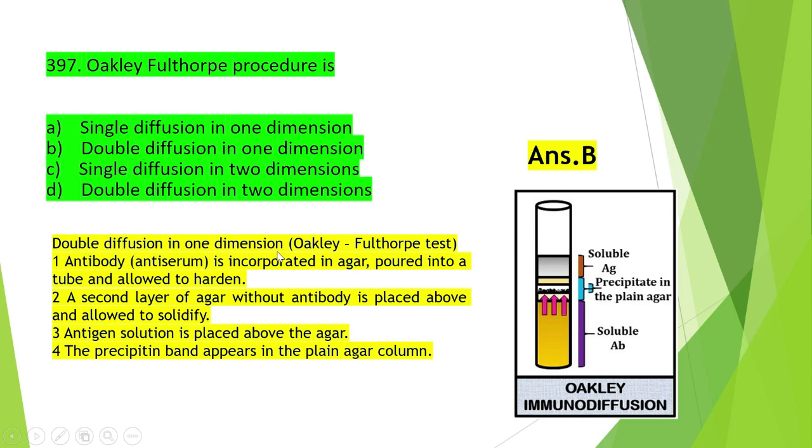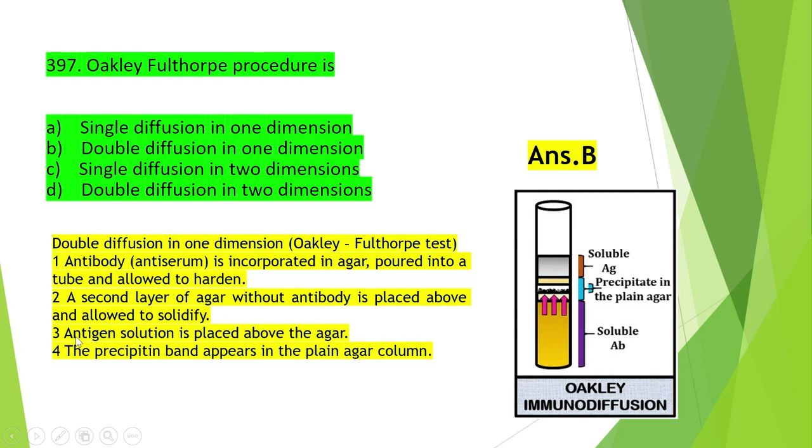So in double diffusion in one dimension, the Oakley-Fulthorpe test procedure is that antibody, that is antiserum, is incorporated in agar, poured into a tube, and allowed to harden. Next, a second layer of agar without antibody is placed over it and allowed to solidify.